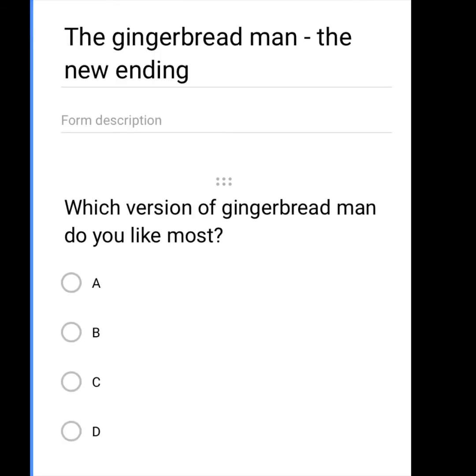So after students read all 4 different endings to one another in their group, they use their iPads to scan a QR code which leads them to this Google form. In this Google form, they're going to vote which version of Gingerbread Man they like most.